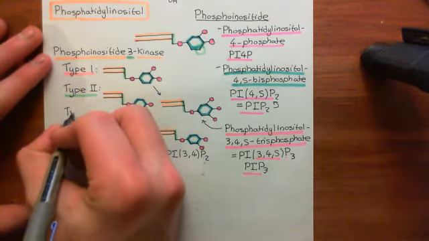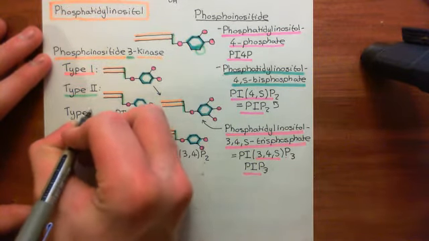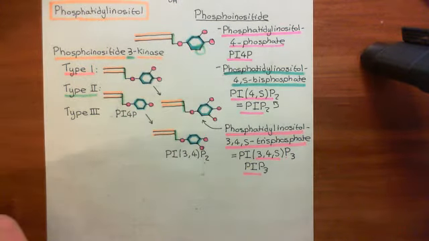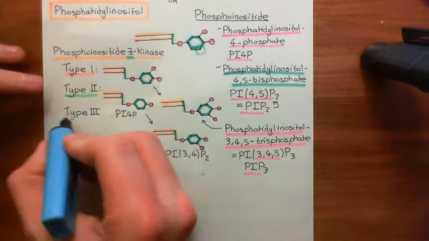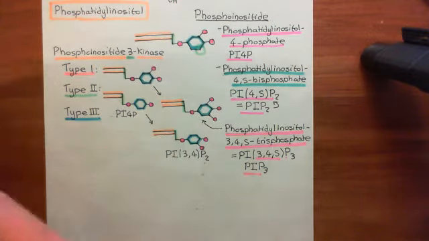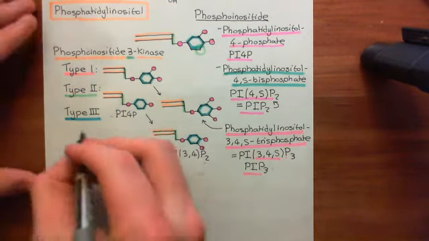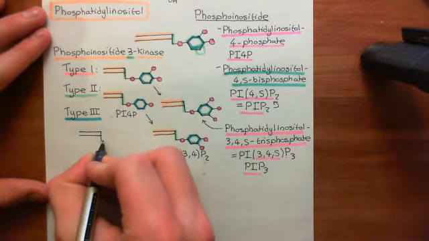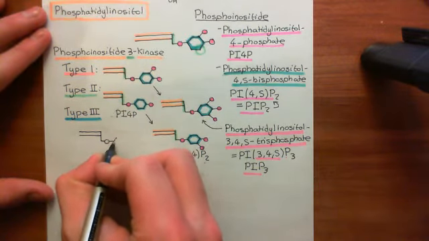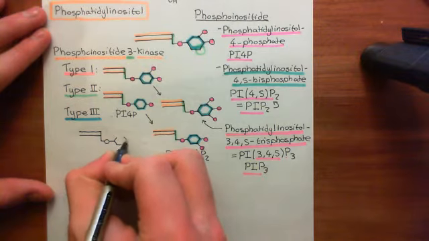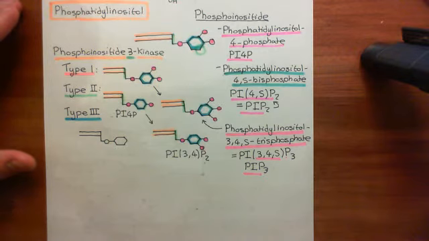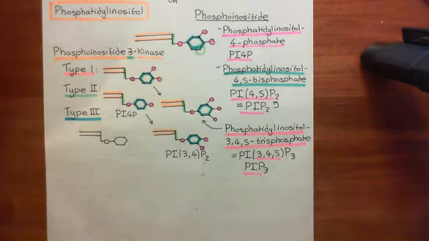Okay, right. Now finally, the type 3 phosphoinositide 3-kinase enzymes. So these are going to work on a substrate of phosphatidylinositol itself. So let's draw phosphatidylinositol, and they are going to add a phosphate group onto the alcohol group that comes off the 3rd carbon of the inositol ring to create PI3P.